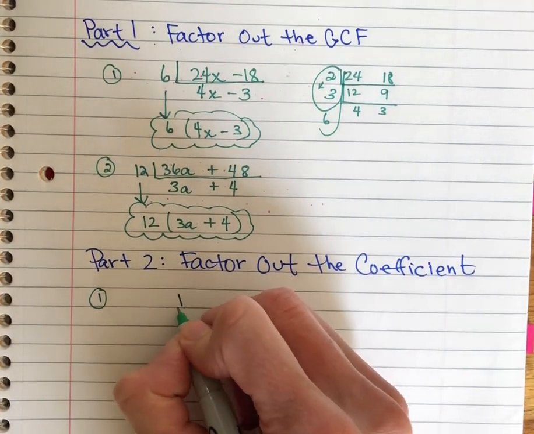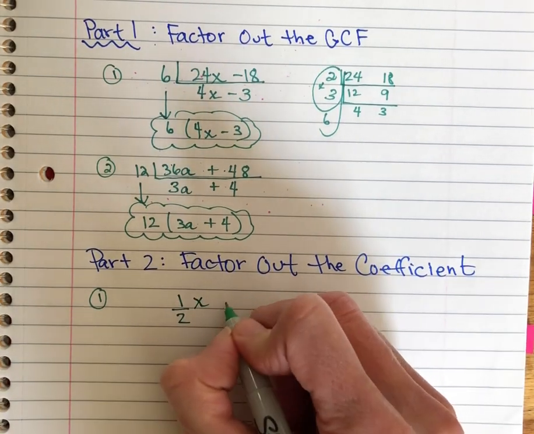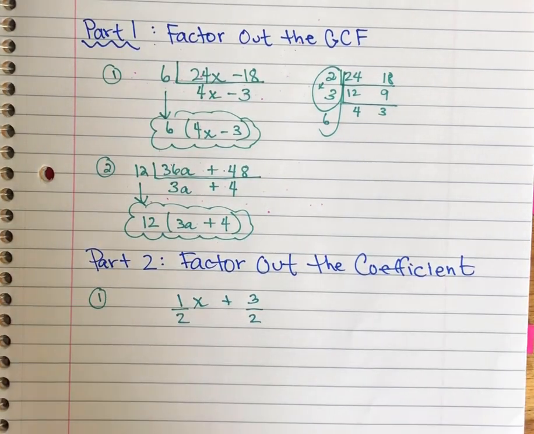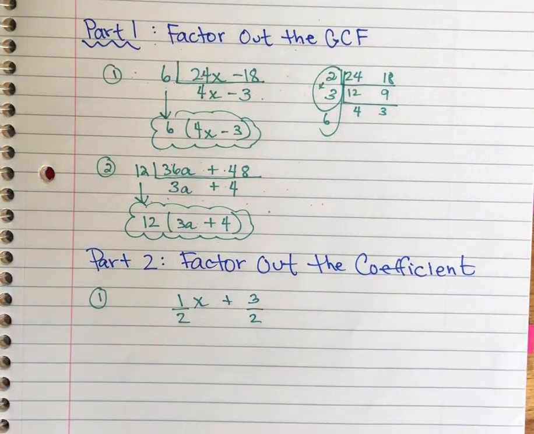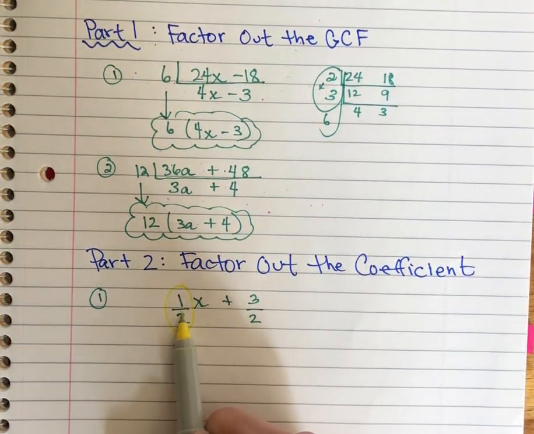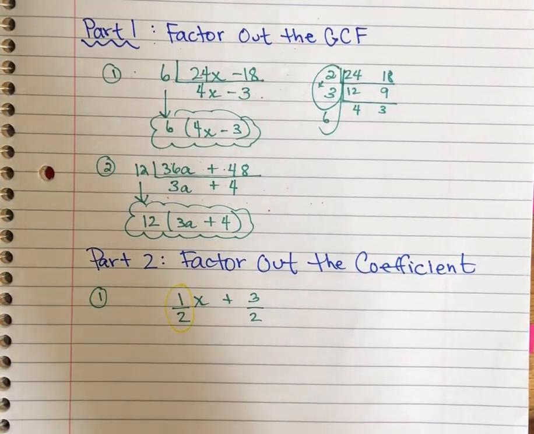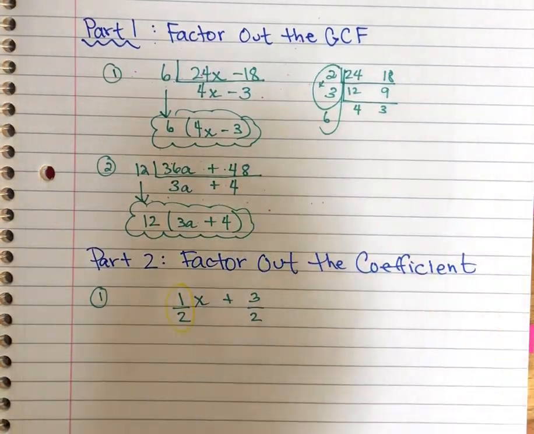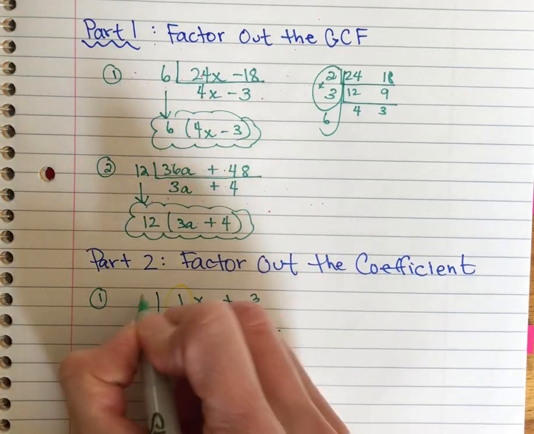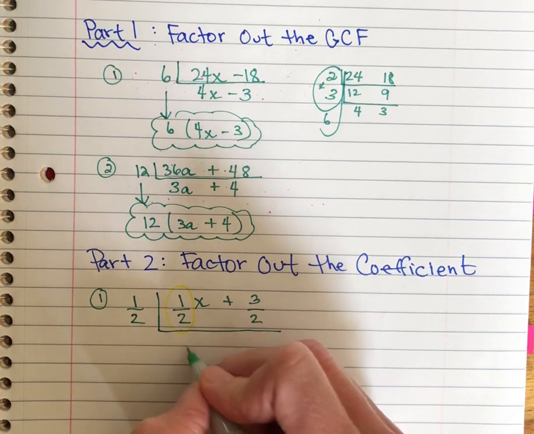So the first question we're gonna deal with is 1/2 x plus 3/2. And when we factor out the coefficient, reminder, the coefficient is the number by which a variable is multiplied. In other words, that number right in front of x is our coefficient, and that's what we have to divide by. So we'll set it up just like these. We'll put our 1/2 on the outside. 1/2 divided by 1/2 is 1.